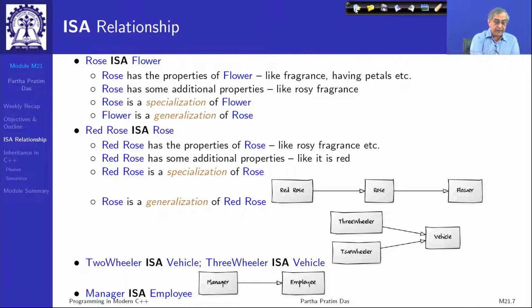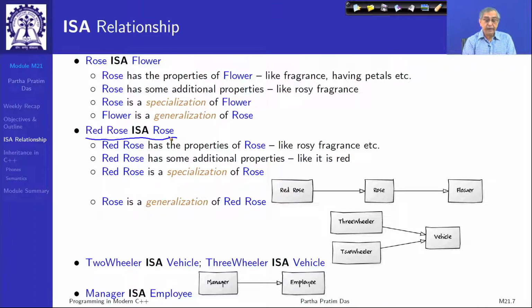Now, further, by rose most of us think of a red flower. We say it is a red rose, though there are roses available which are yellow or white in color, but less frequently.